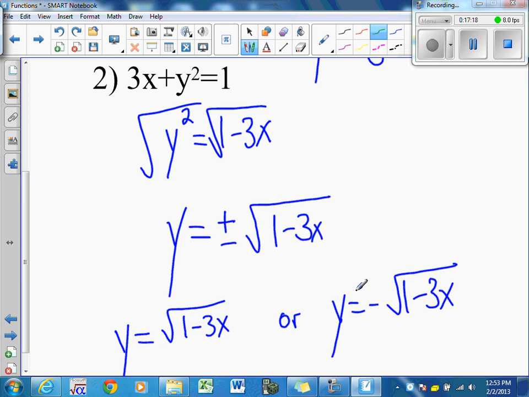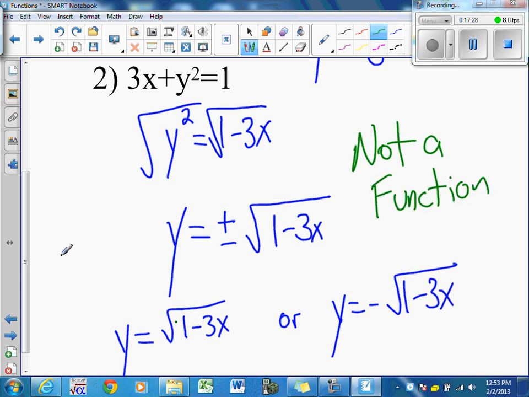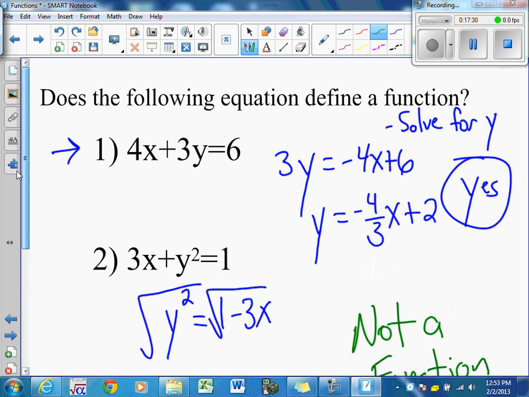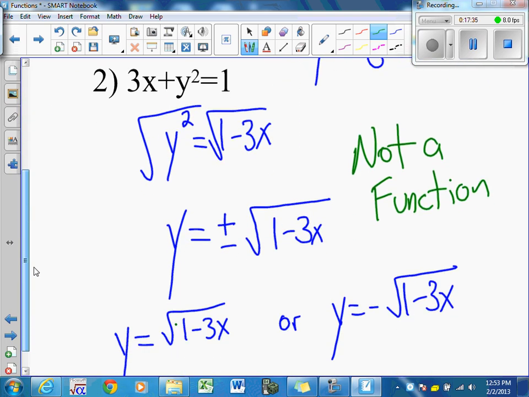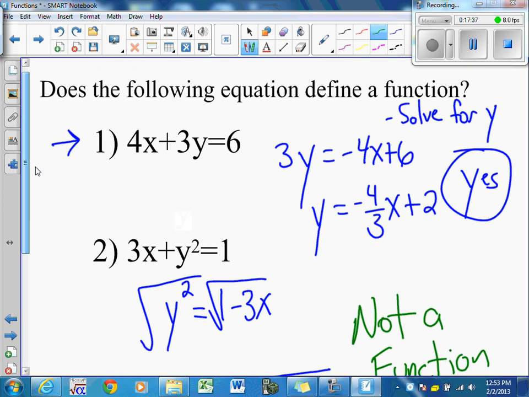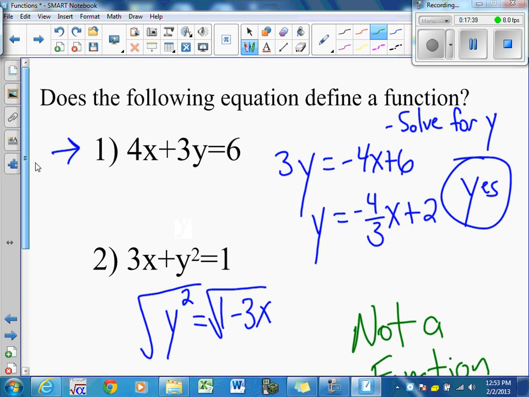Since I get two different functions, two different equations, I don't know which one's right, this is not a function, because I can't solve it for just y. I get plus or minus, so it's not a function. Above it is. I can just solve it for y. So that's one way to determine if something is a function or not. Can you solve it for y?